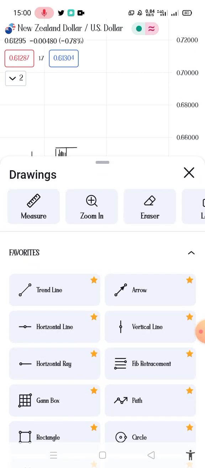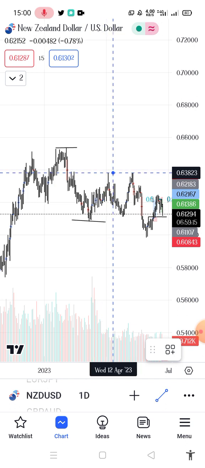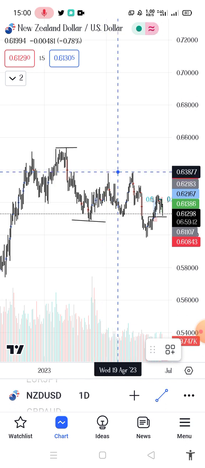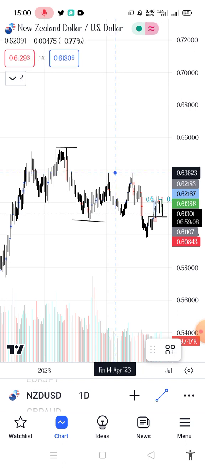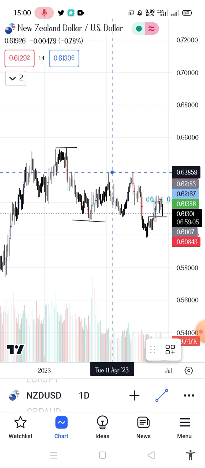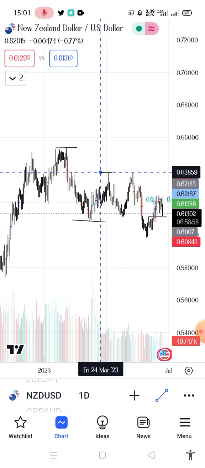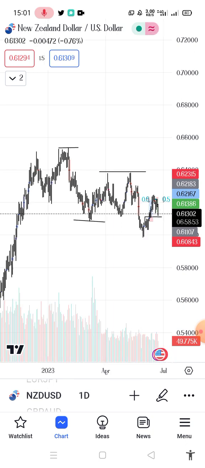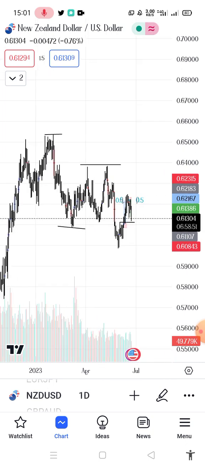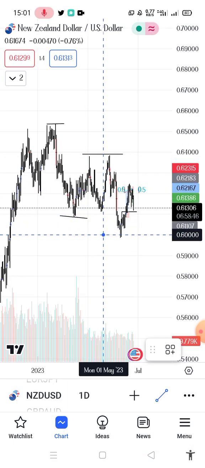Then this is the lower high. This was meant to be right. In subsequent videos, I'm going to be explaining why this is like this. This is the lower low.